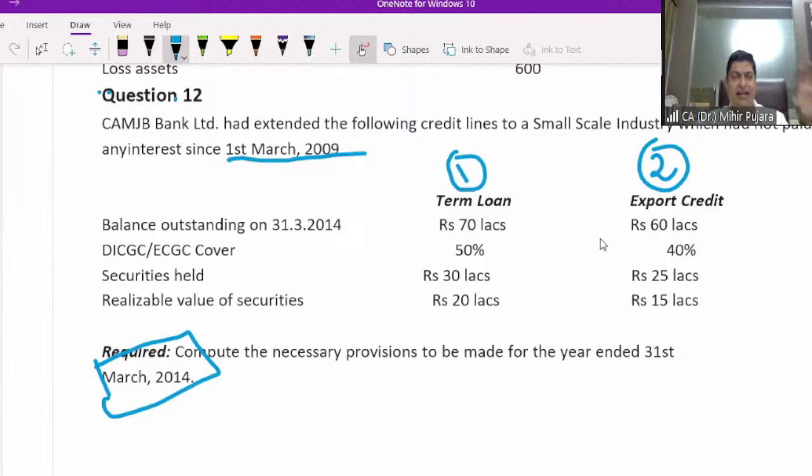So first we need to decide A, B, C, D, E. So outstanding is 70 and 50. Department cover is 50%, 40%. Security is 30 and 25. And realizable security is 20 and 15. Remember guys, these both differ. So guys, first we have to find out A, B, C, D, E. Okay.